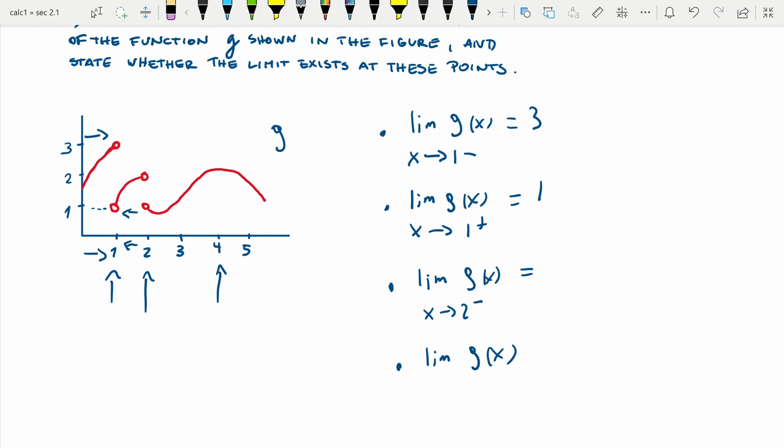If we're approaching 2 from the left, then this is equal to 2, which is this value here. And if we're approaching 2 from the right, then we are approaching this value 1 over here.